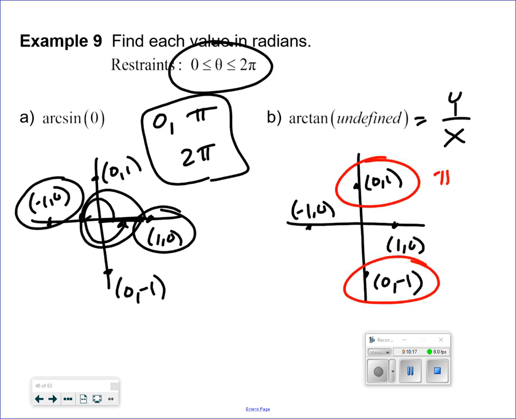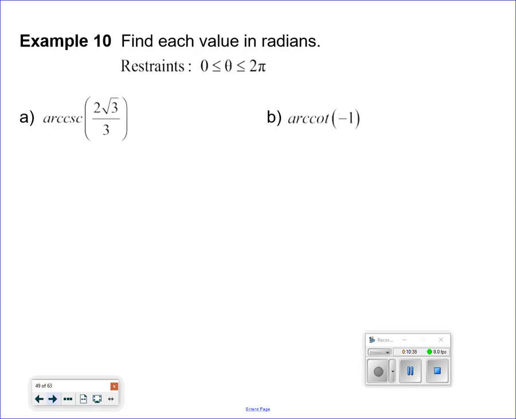At 90 degrees, which is pi over 2, and at 270 degrees, which is 3 pi over 2. I bet you if you hit secant of 90, you'd get an error on your calculator. So just letting you double check that I'm doing this right. Secant of 90 degrees is undefined.